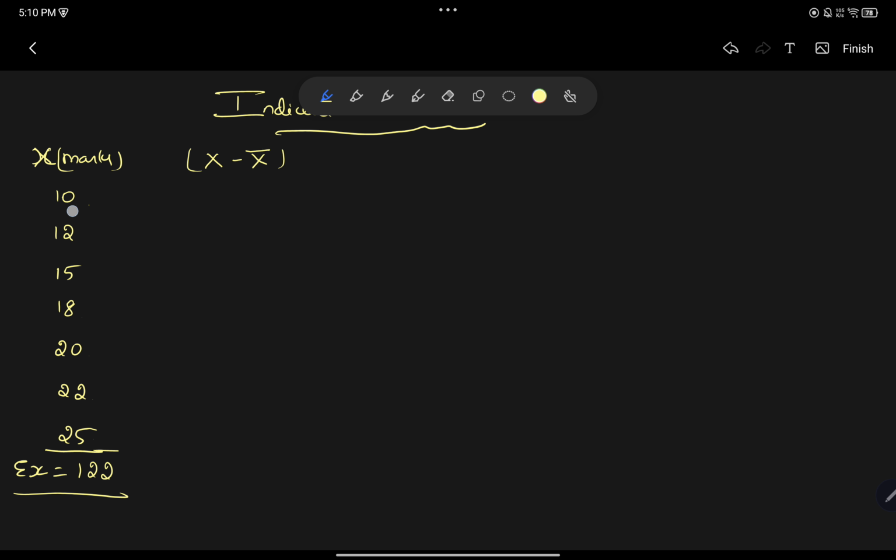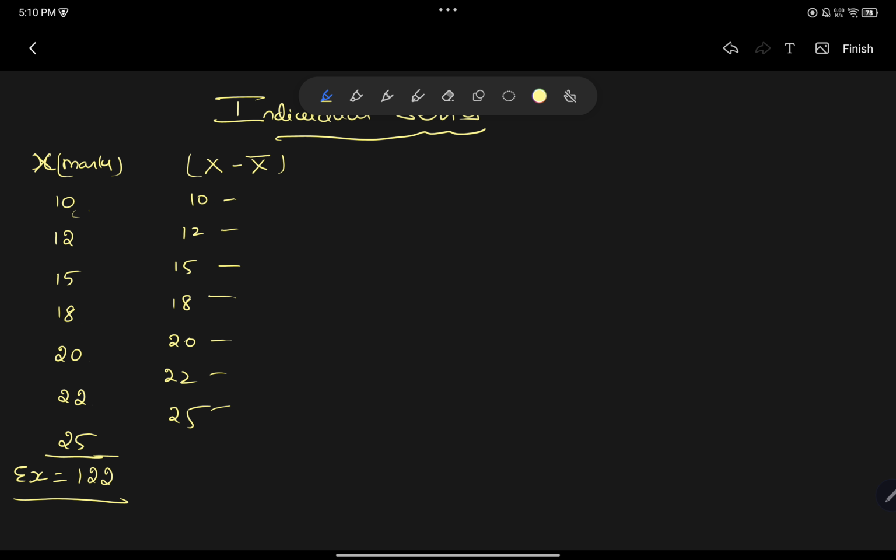X is 10, 12, 15, 18, 20, 22, 25. X bar is 17.43, which is constant for all the numbers. So 10 minus 17.43 is 7.43.